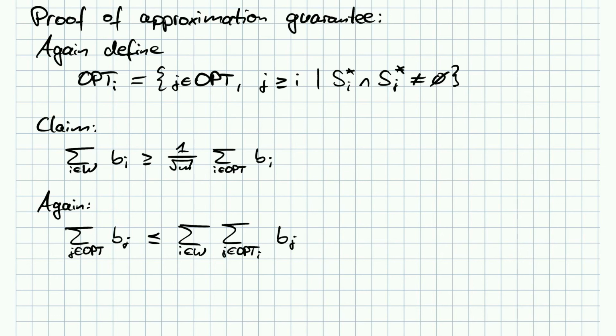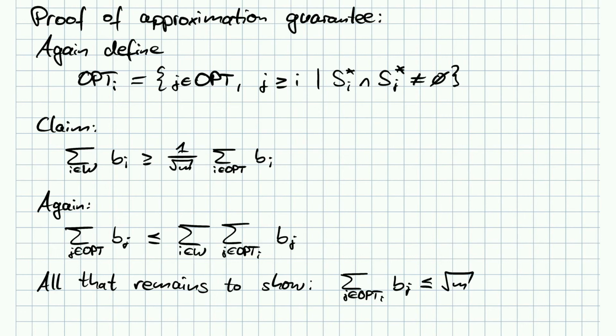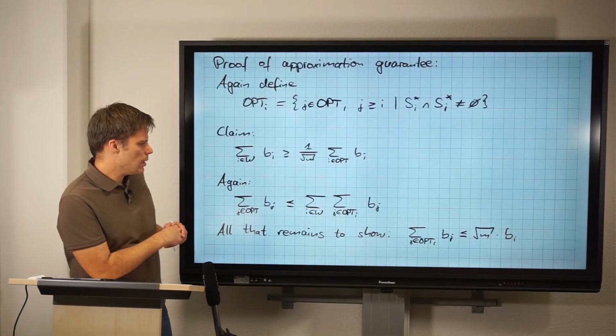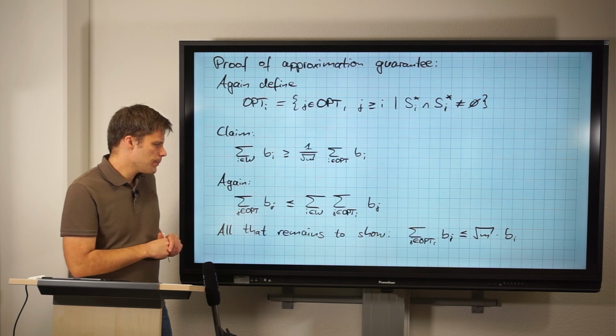So all that remains to show is the following, that the sum of all j in opt i bj is at most square root m times bi. Why is this any helpful?